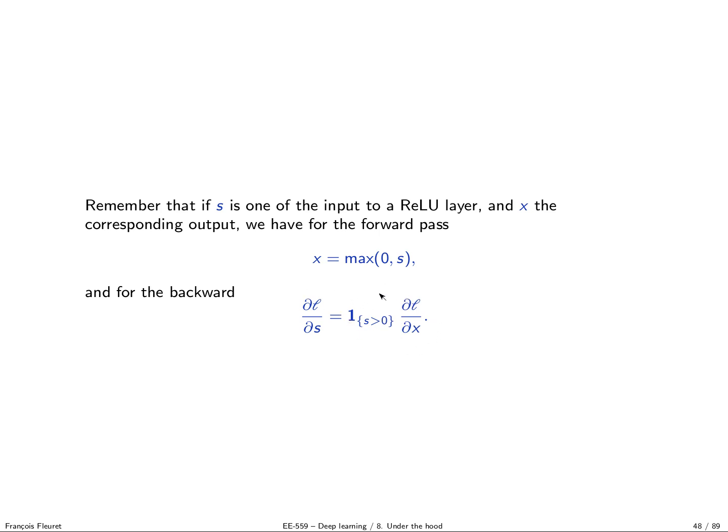It's simply that if S was in the positive values, the ReLU behaves like the identity, so you get this value unchanged. And if S was on the negative side, then the ReLU is flat and the gradient is killed, so this quantity would be 0.